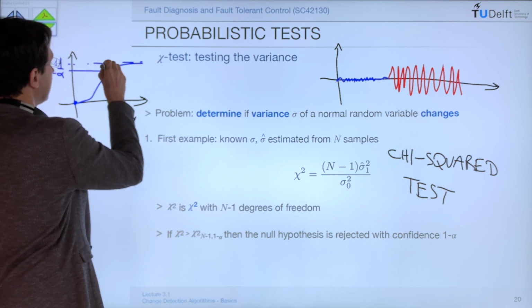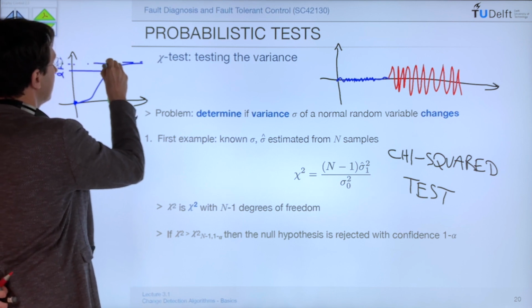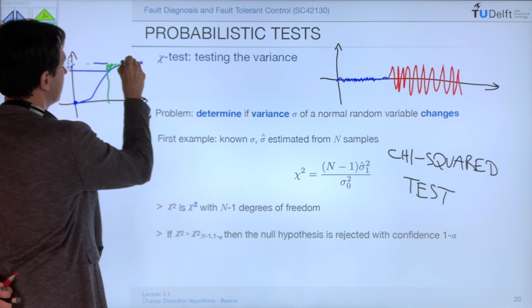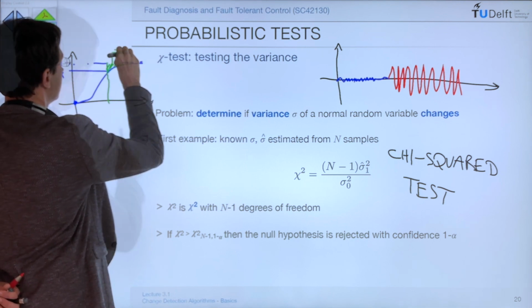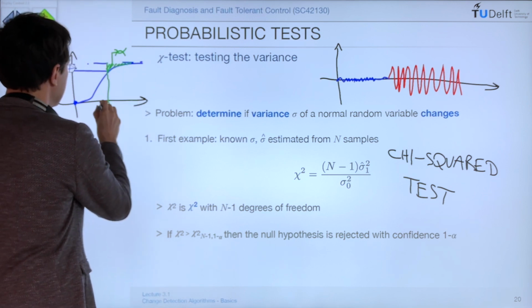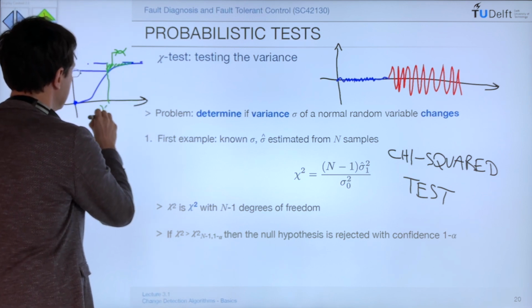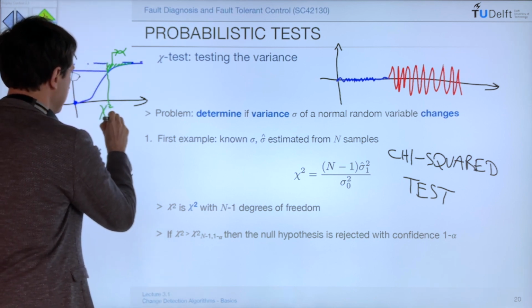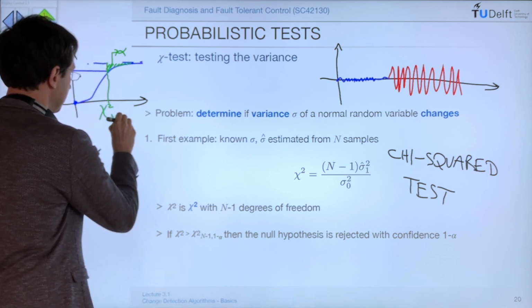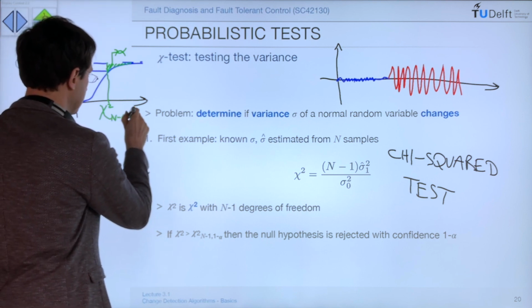That is, the integral here, the area here, is equal to alpha. We call this value here chi-squared n minus 1, because we have n minus 1 degrees of freedom, 1 minus alpha.